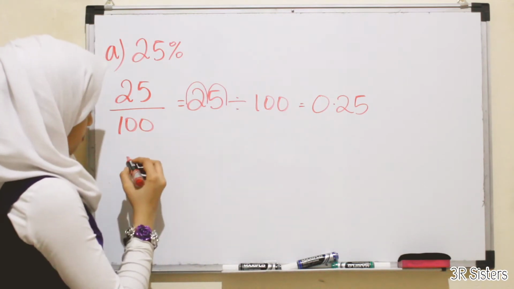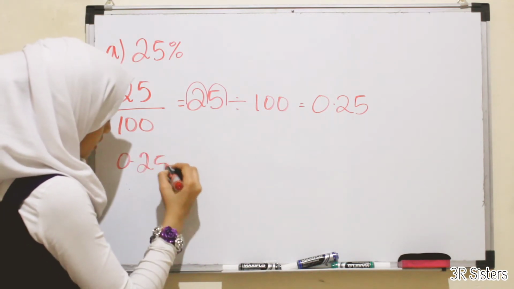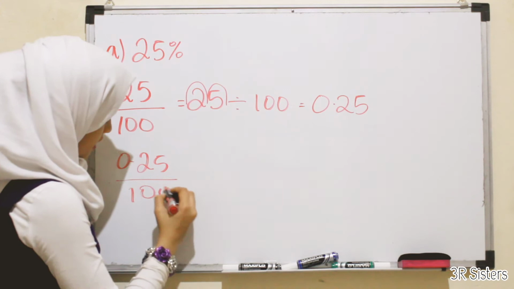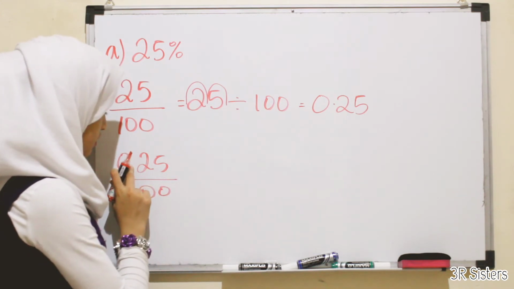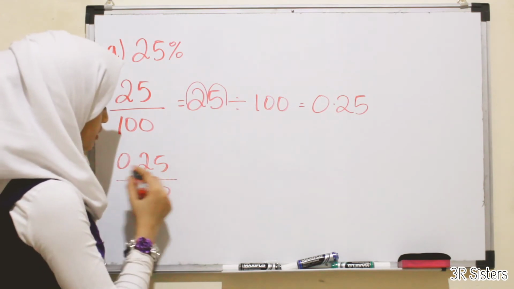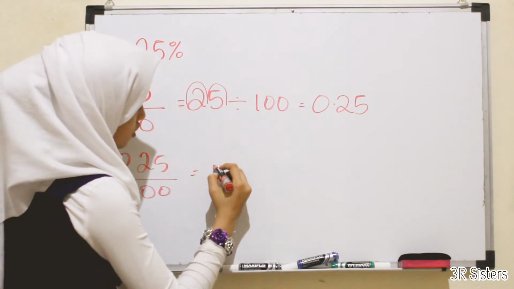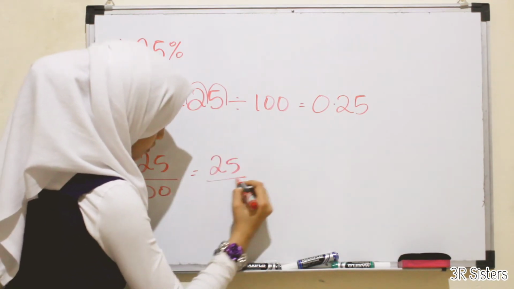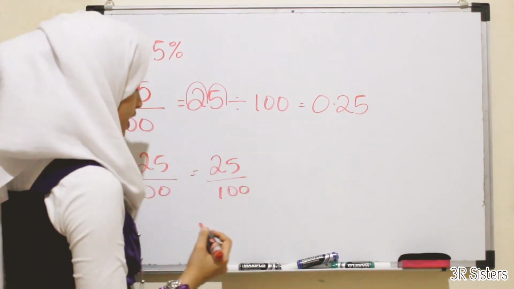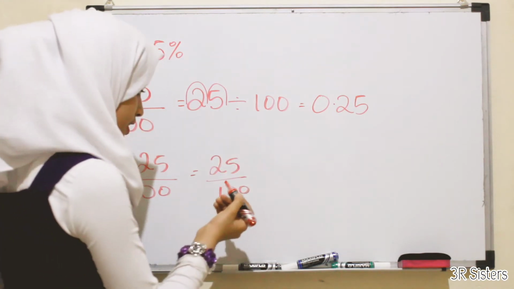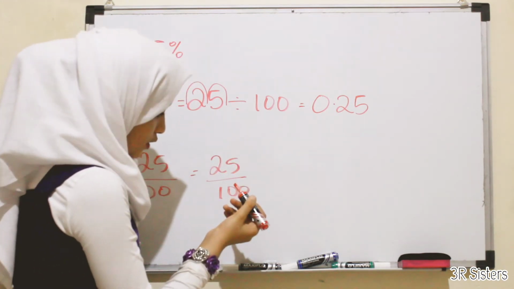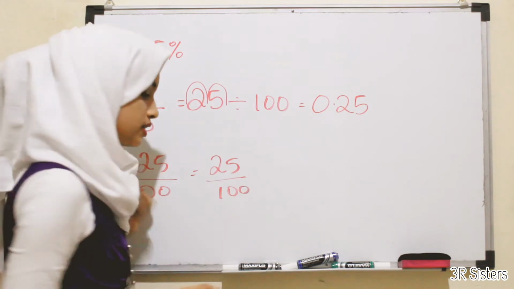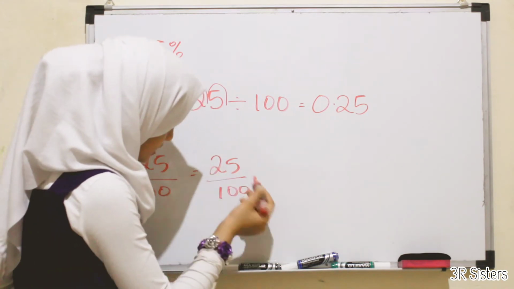Now the 0.25, if we remove the decimal point, it is also 25 by 100. Now this 25 by 100, will it go in any of the multiples? Yes.